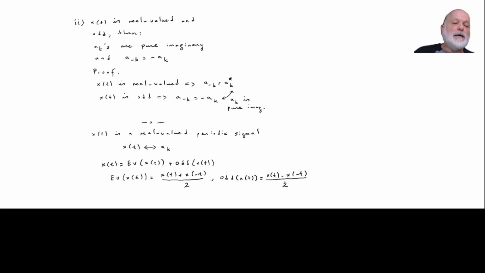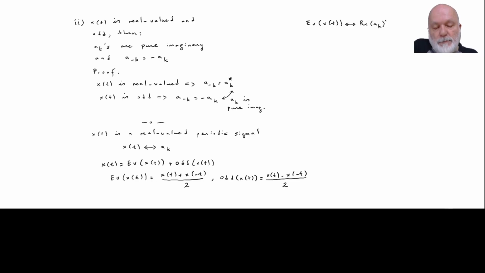And what can we say about the Fourier series coefficients of these two signals? The even part of x of t will be periodic with the Fourier series coefficients which are obtained from the original ak by means of this operation: real part of ak.